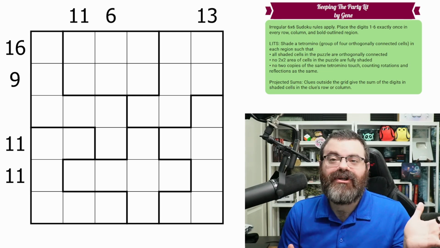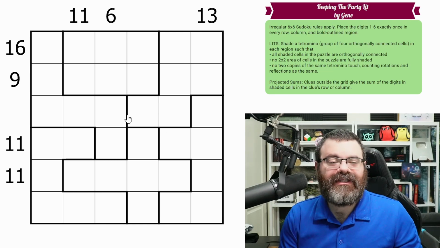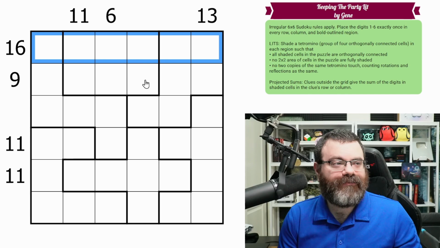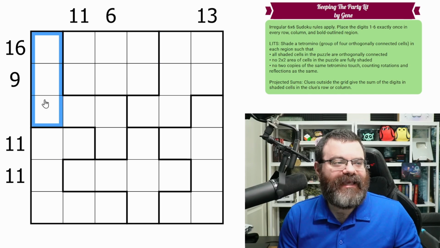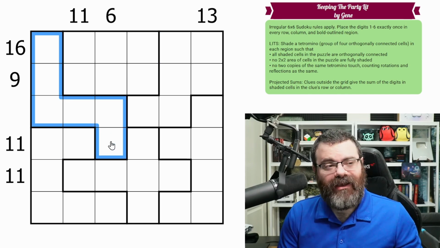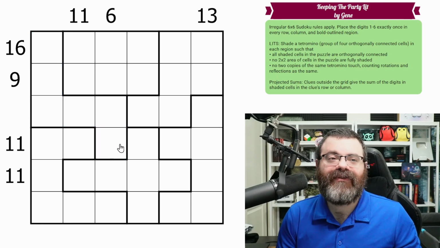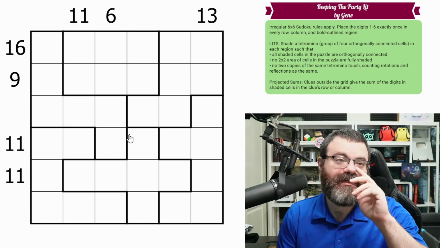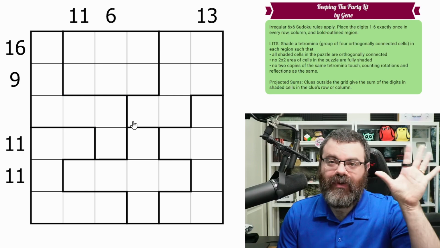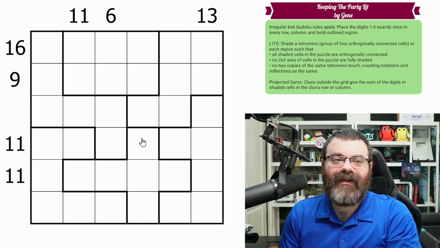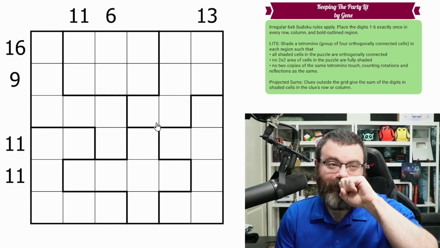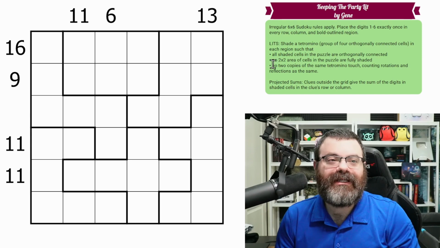All right, so let's go over the rules. We do have regular 6x6 Sudoku rules. So in each row, each column, and each bold outlined region, we are placing the digits 1 to 6 exactly once each. We also have lits rules. These are the standard lits rules. So if you're not sure, you can always look up other resources for how to play lits, and they're going to be the same. But we did our best to put the rules into here.